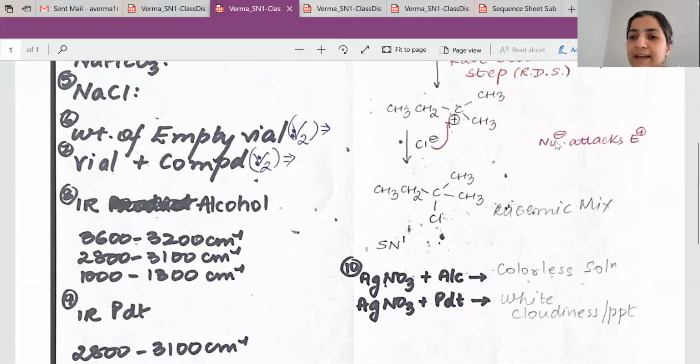The nucleophilic attack on the electrophilic carbocation, the electron deficient site, will result in a 50-50 chance of attack from forward and backward direction. Now we cannot label this molecule as a racemic mixture because this carbon is not chiral. There are two similar groups on this same carbon.